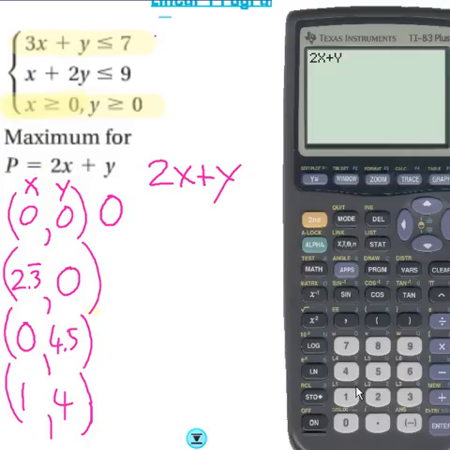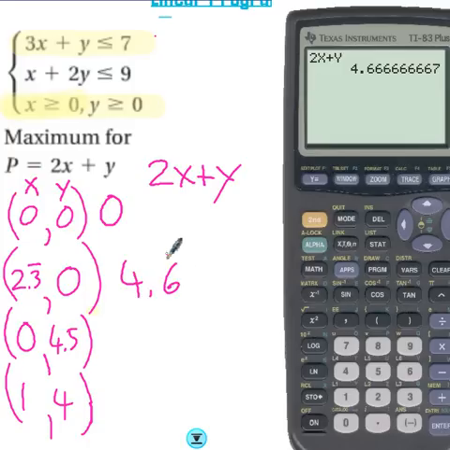Your alpha key might be a different color than mine, but they match, and that tells you the way to get that letter is by hitting that button and that button. Okay? And now I hit enter, and there I go. It multiplied it for me. Okay, so now I know this is 4.6 repeating, or 4.67.